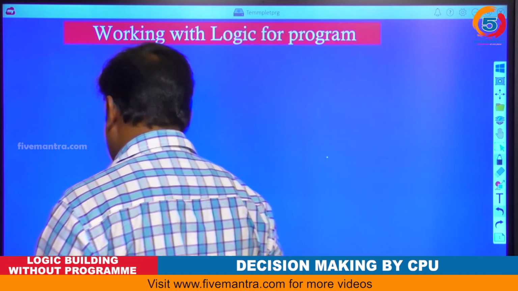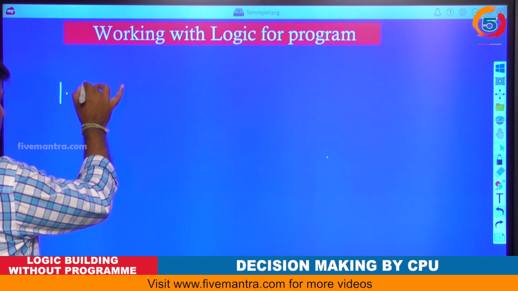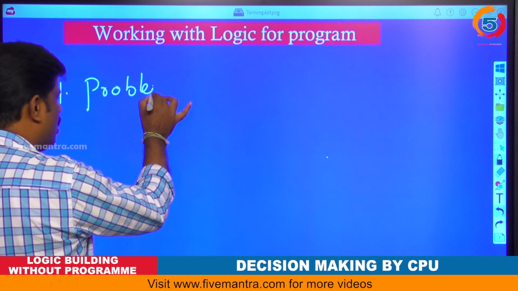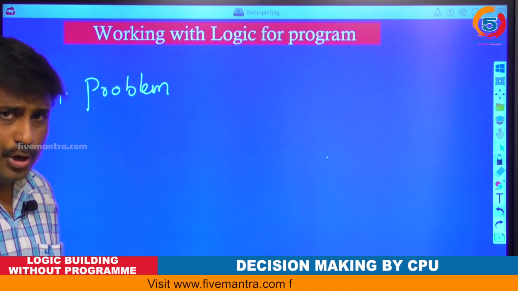What is the problem? The first point is the problem definition. Understanding the problem is the important thing, what you have to do.